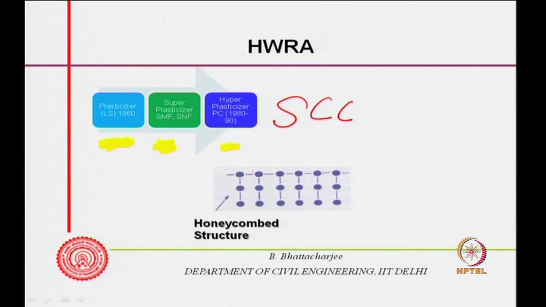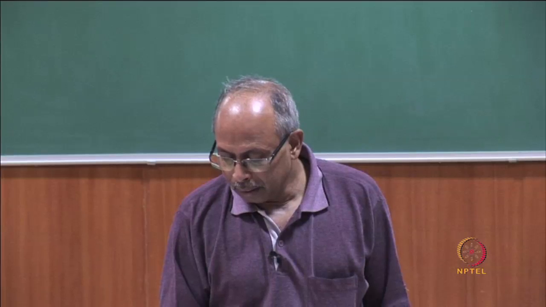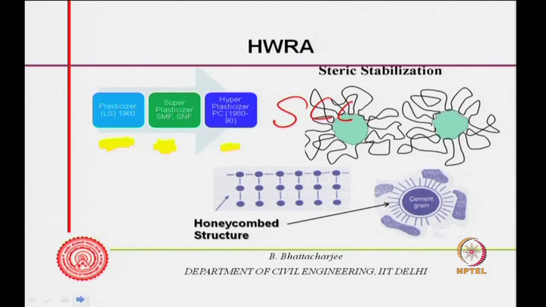So, this is the honeycomb structure, and we know that because of the steric stabilization, it could disperse the cement grain more, and that is what resulted in this kind of concrete, that is self compacting concrete.